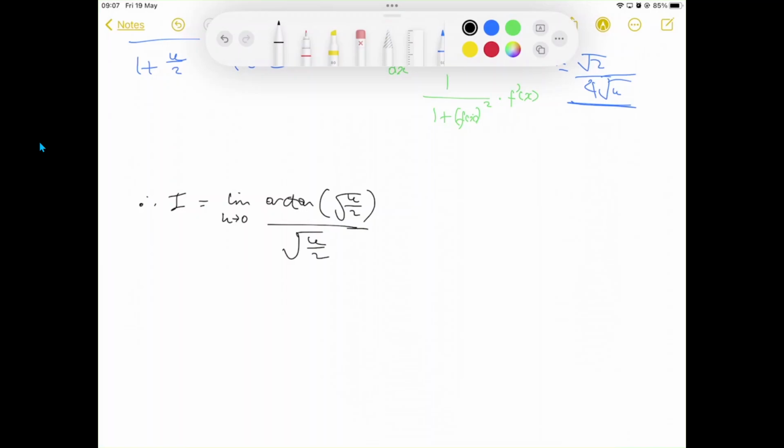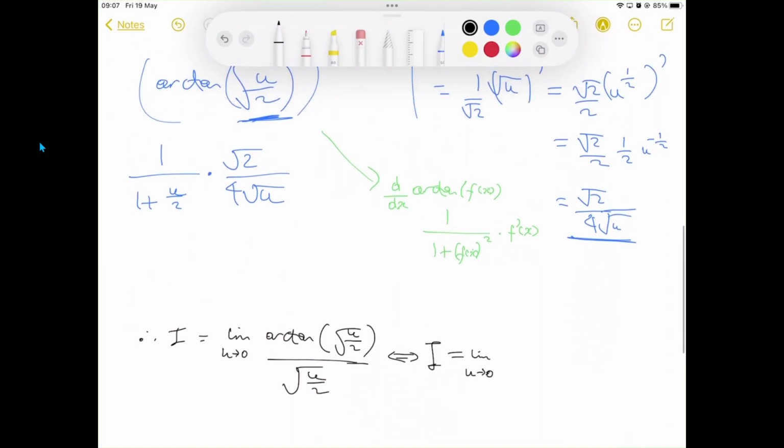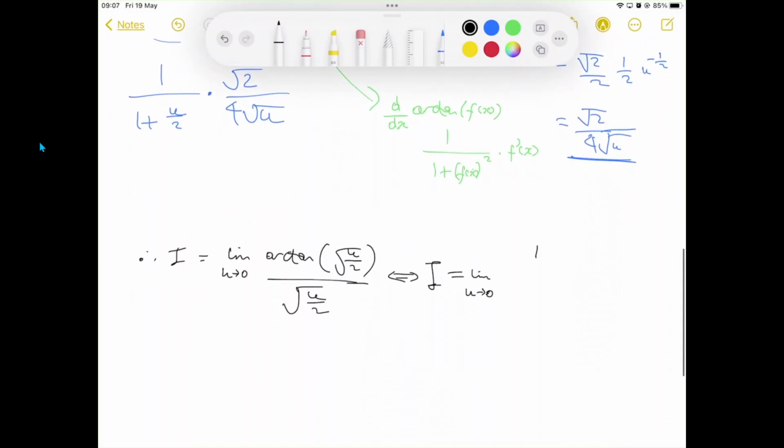This is the same as saying our integral is equal to the limit as that same u approaches the same constant 0 of the derivative of the top and the bottom. The derivative of the top is 1 over 1 plus u over 2 multiplied by root 2 over 4 root u, and this is all divided by the derivative of the bottom, which is root 2 over 4 root u.